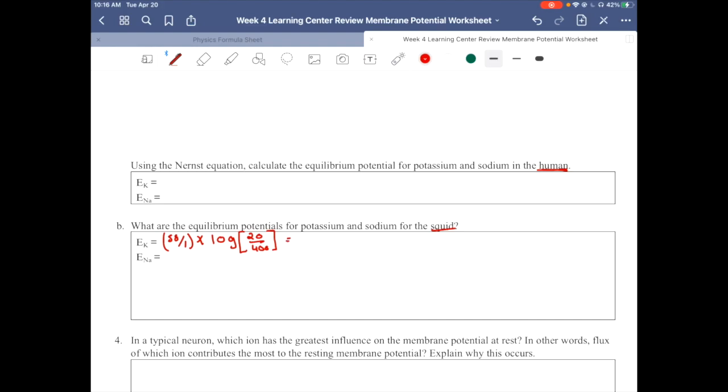If you calculate it out, it should equal negative 75.5 millivolts. And then for the sodium, for the squid, we're going to do 58 over 1 times log, and then we're going to have 440 at the top over 50 at the bottom. And that's going to give us positive 54.8 millivolts. So I just did the same math as earlier, but for the squid instead of the human this time.